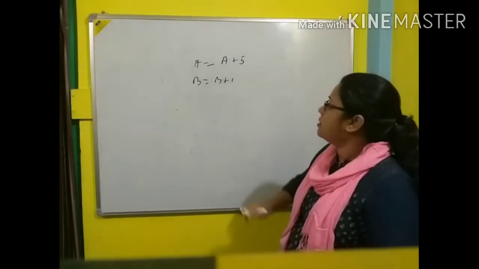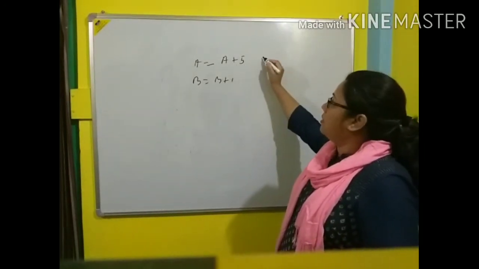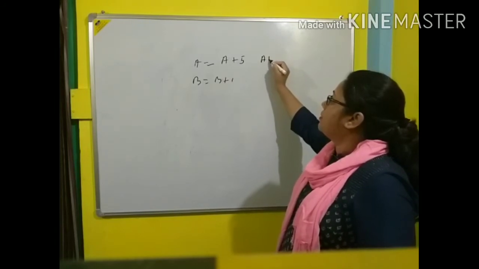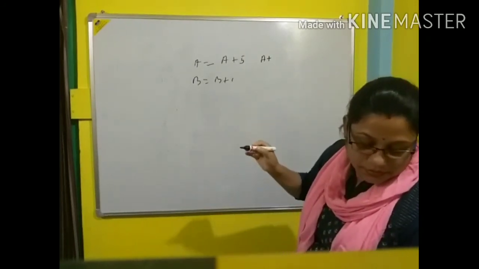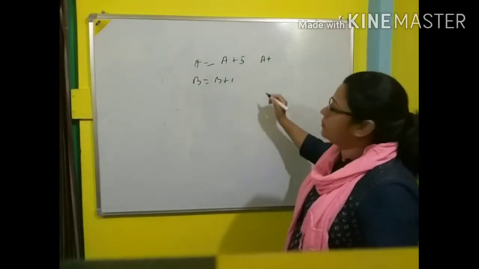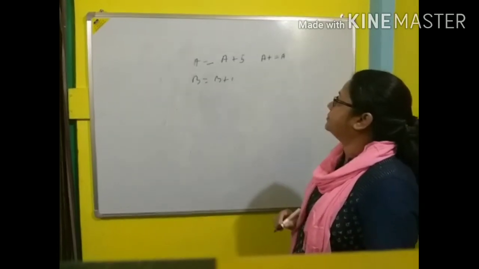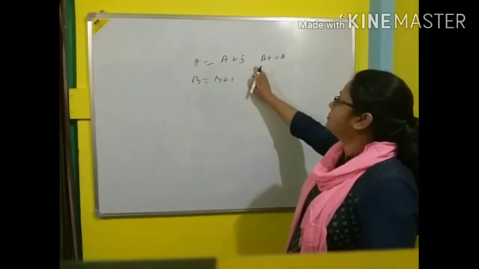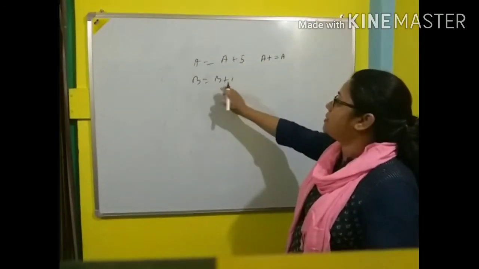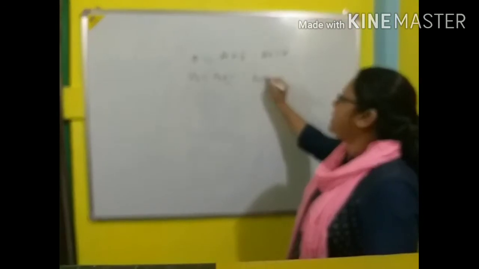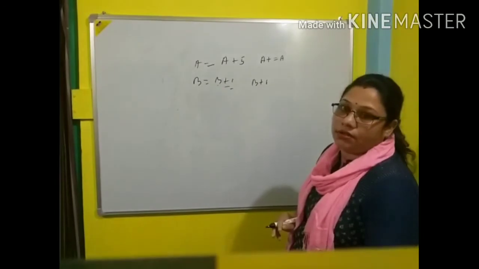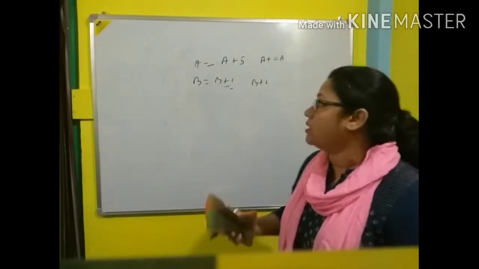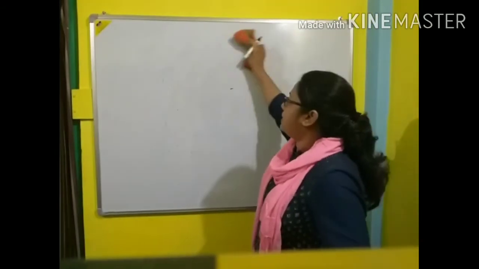So here A plus equal to A. And the shorthand method of this is, you can write B plus plus, because here an addition of 1 is made. Okay, so there are lots of additional methods which can be applied for these statements. Okay, you try it yourself.